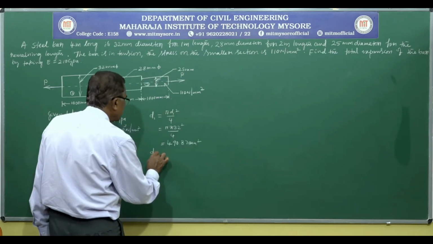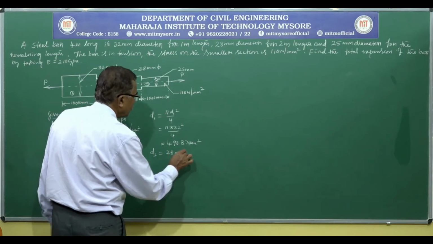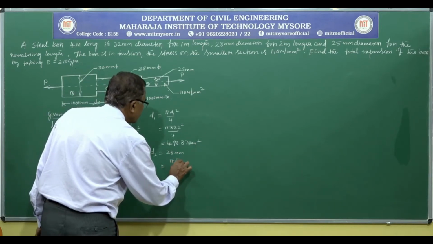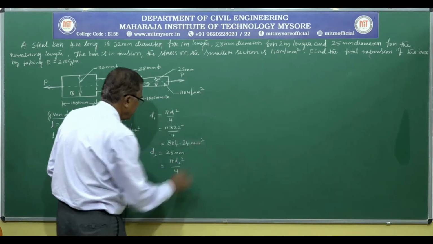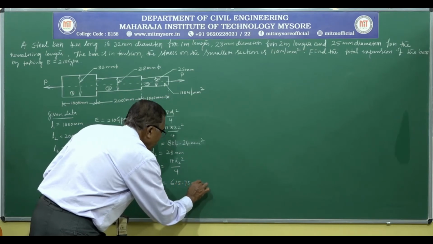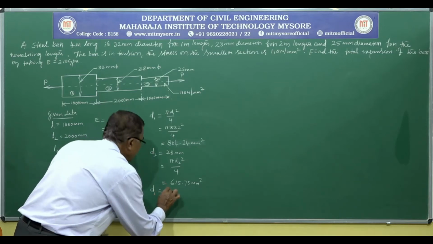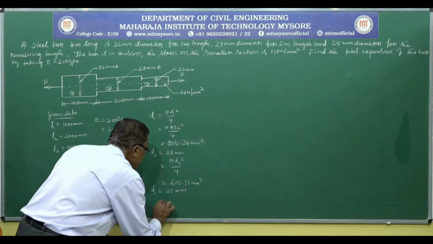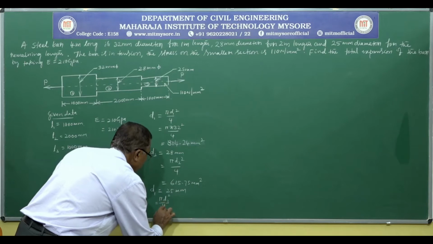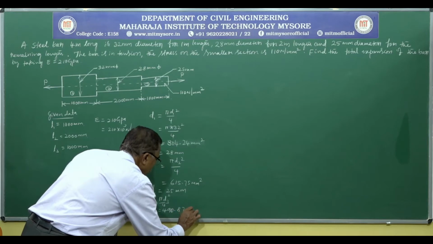The diameter of the second portion d2 is equal to 28, A2 is equal to pi d2 square divided by 4, the value is 615.75 millimeter square, and the diameter of the third portion is 25 millimeter, A3 is pi d3 square divided by 4, that is equal to 490.87 millimeter square.